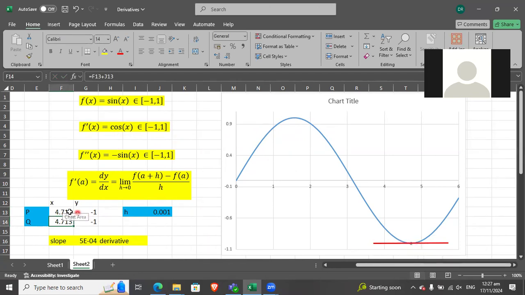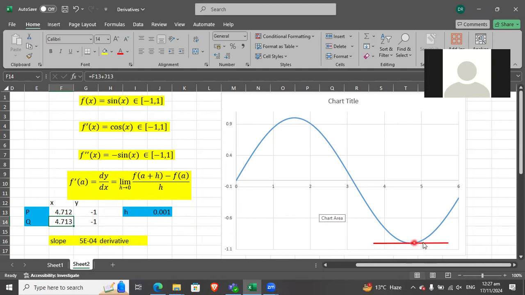So I started earlier with the 2 points P and Q, which theoretically represents the secant to the curve. However, when h is very small, the slope of the secant line becomes equivalent to the derivative, or the slope of the tangent line.